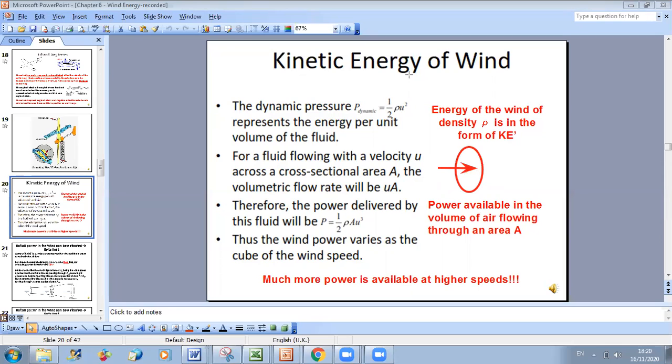To compute the amount of power carried by this fluid, you have several ways to calculate it. You can do force times velocity V. In this case, the unit of the force will be Newton and the unit of velocity will be meter per second.